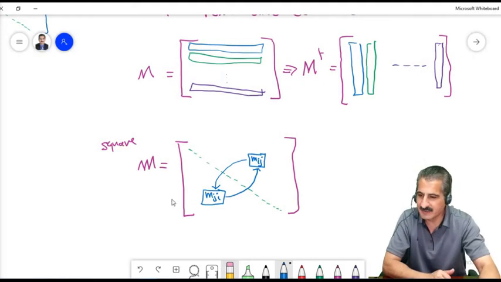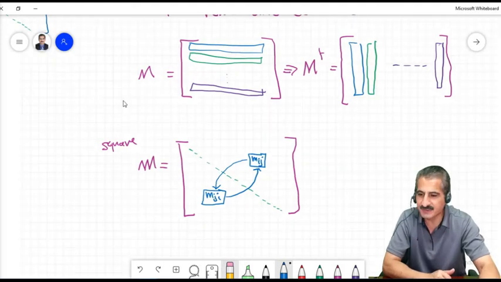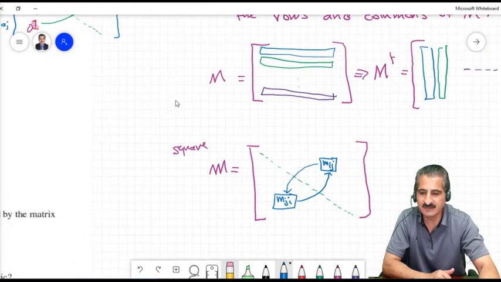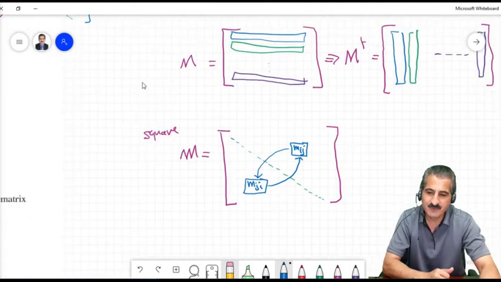Now, a relation R is symmetric if its matrix is symmetric.